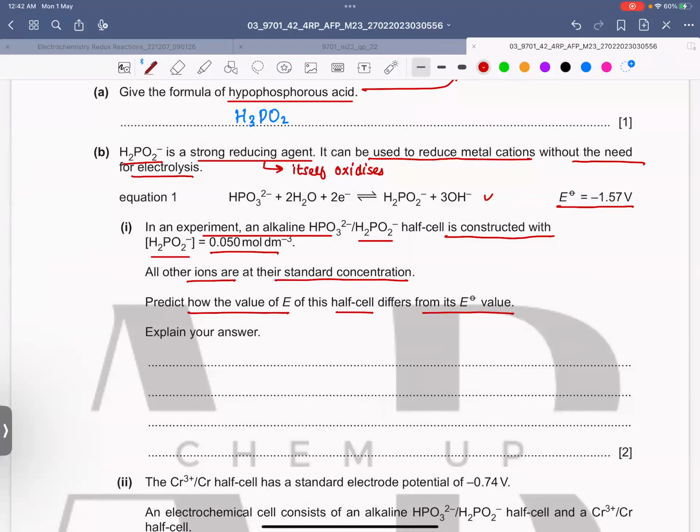So actually what they did, they took its concentration lower than 1. So the equilibrium is going to shift towards the right. And if the equilibrium shifts towards the right to reestablish itself, what happens to the E value, whether it increases or decreases?